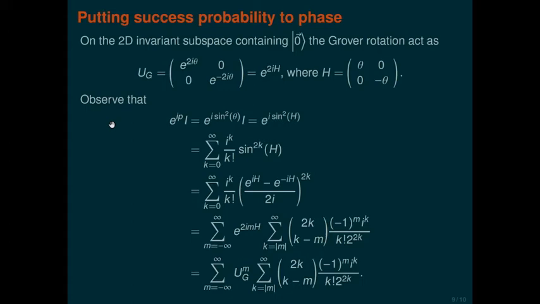I use the trick that sine is just a sum of two exponentials, like two phases, and I just arrange the terms. At the end, I can end up with a formula where I have the Grover operators to some powers with some coefficients. It turns out that these coefficients can be truncated at some logarithmically high power. So the idea is that I can actually implement this phase using a logarithmic number of Grover iterations and some linear combination of unitaries trick.